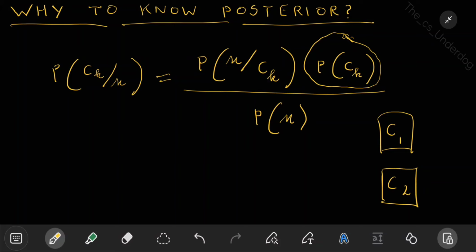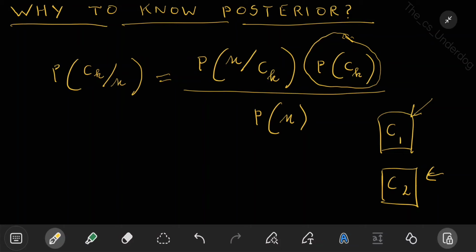How this helps is, let's say the data is a bit imbalanced. In that case, your prior can really be helpful, because it can tell you that I already know the chances of class C1 are this much, and the chances of class C2 are this much. Accordingly, it can balance out the imbalances in the actual data.